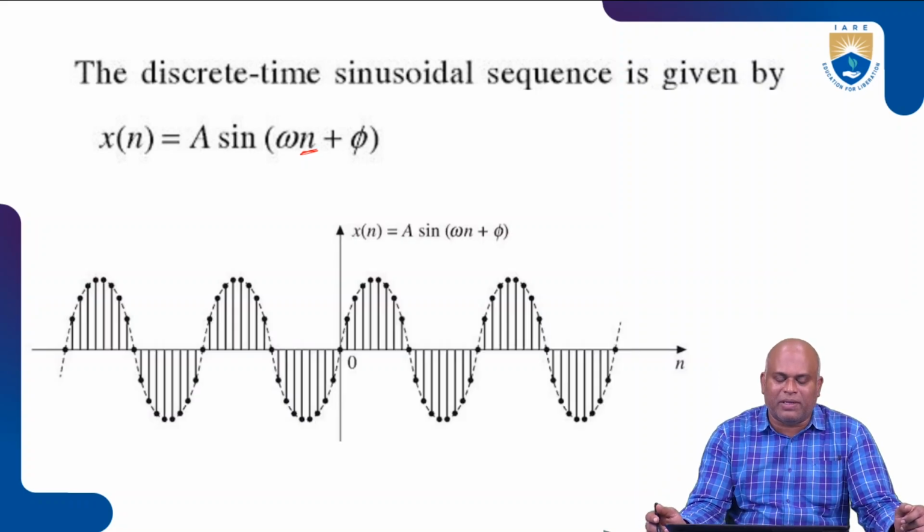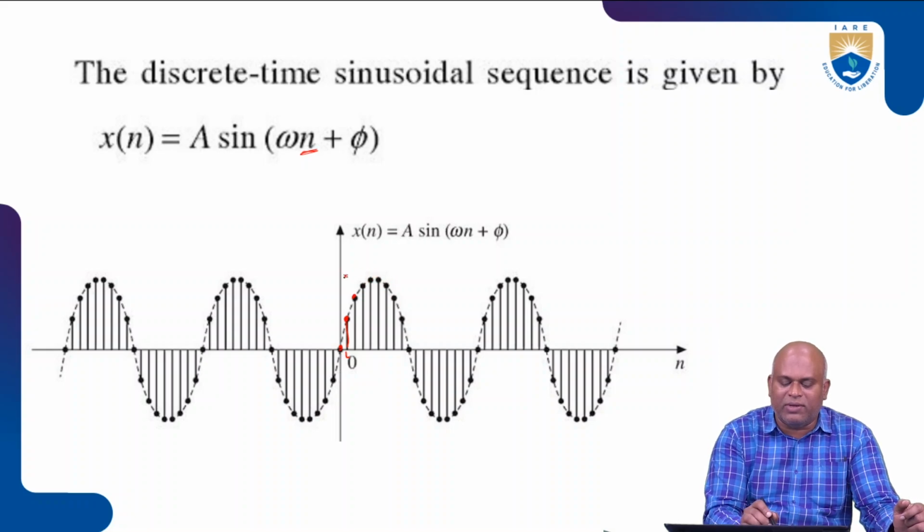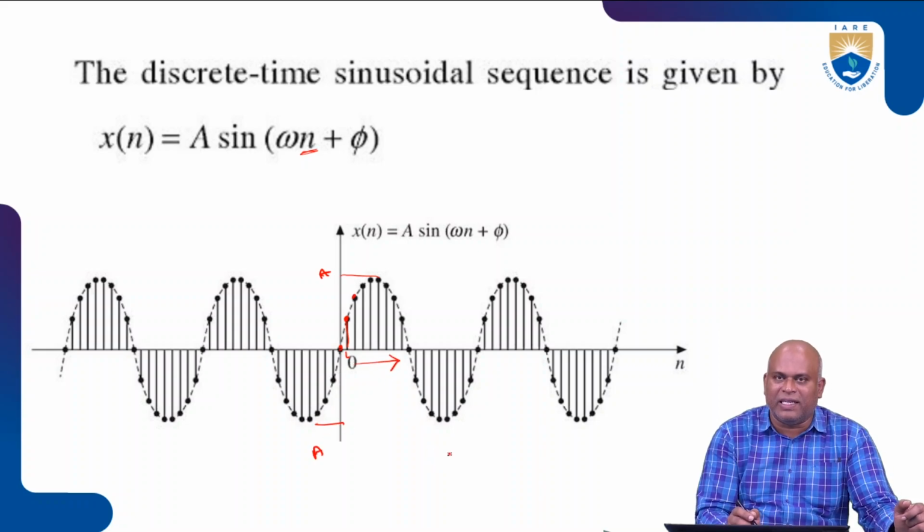So the graphical representation of the sinusoidal sequence: 0 is represented as 0, 1 is represented as 1, 2 is represented as 2, and like that it increases in amplitude from positive amplitude to negative amplitude at each discrete interval.